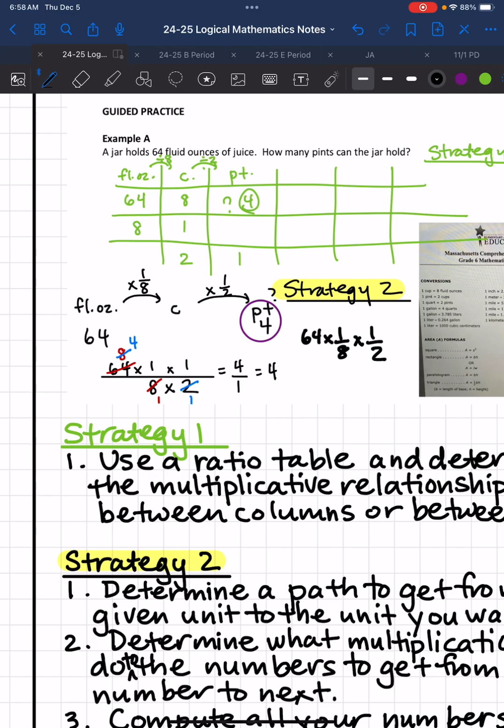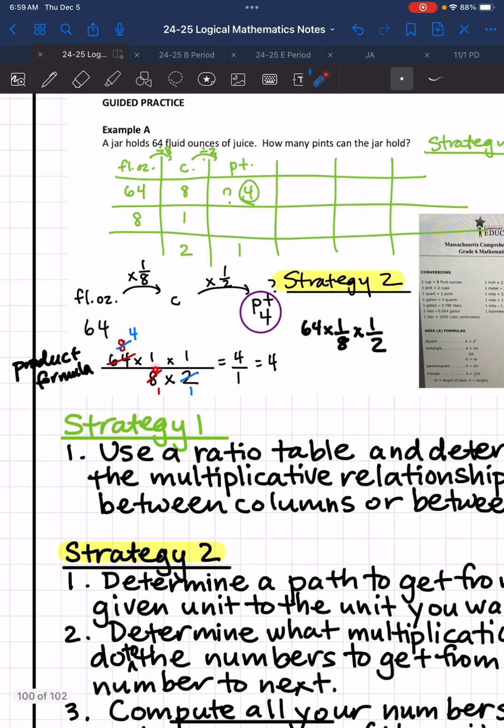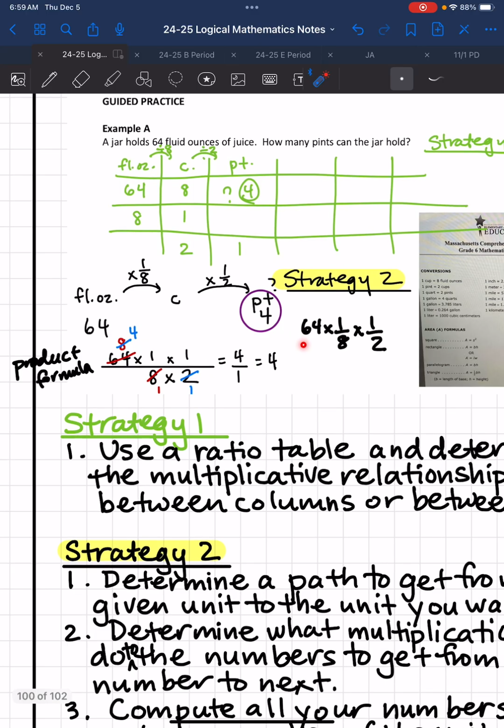But because I am multiplying fractions, I can then use the product formula, which is right here. And what that says is I'm going to multiply all of the numerators, so 64 times 1 times 1, all over the product of the denominators, so 8 times 2, okay?